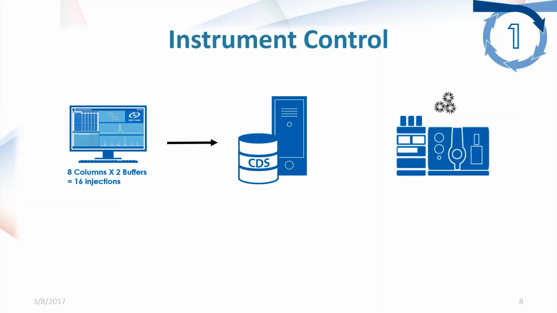That sequence would be communicated to your CDS, and then the CDS in turn would communicate with the instrument, and would result in acquisition of the data. Once the data is acquired, that information comes back and is stored within the CDS. And then finally, a copy of that information is brought into Autochrome for next steps.